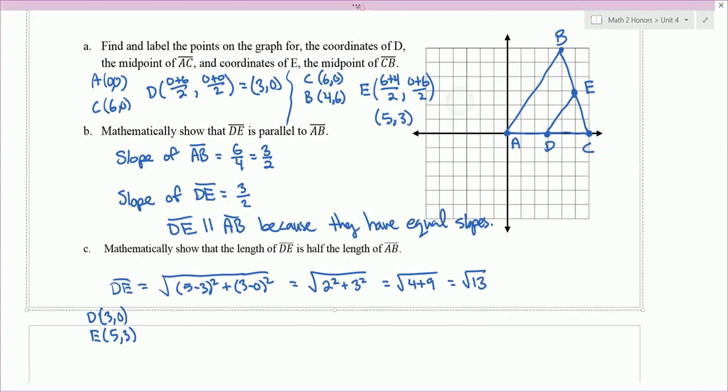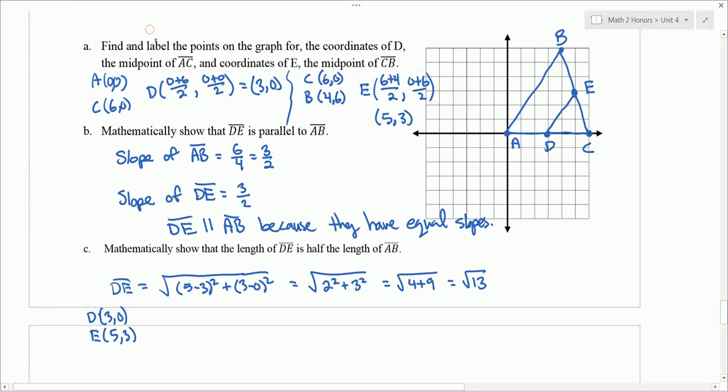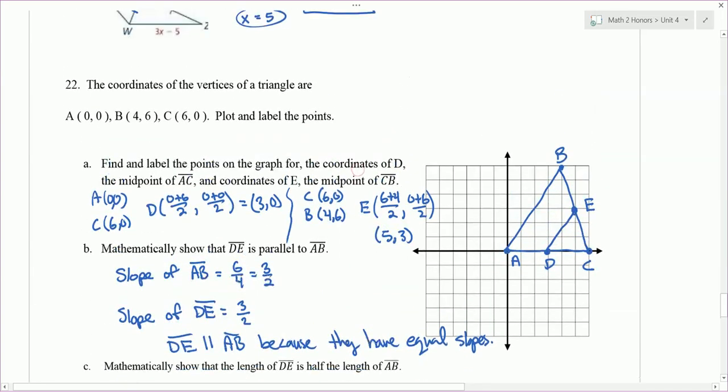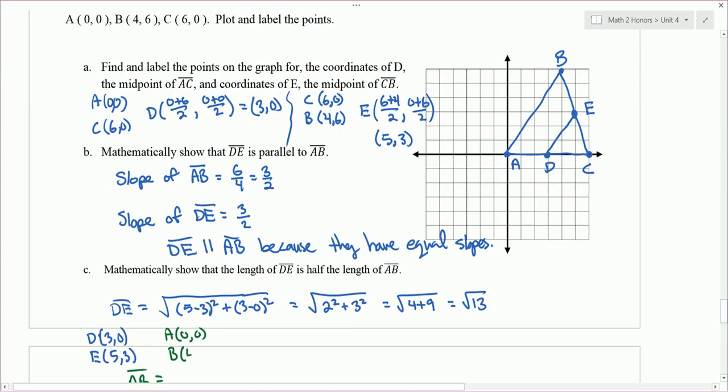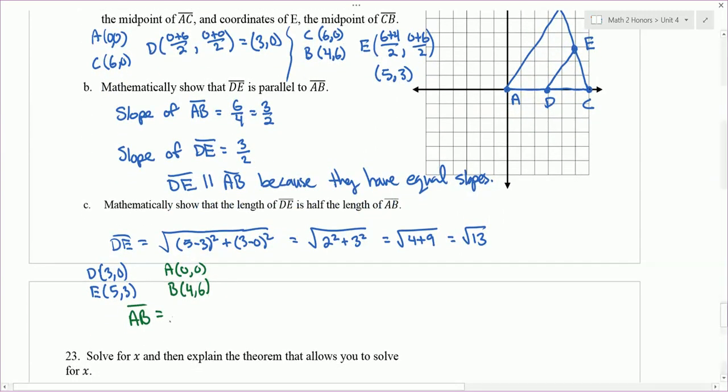For the other length, AB, point A is (0, 0), point B is (4, 6). So plug those into the distance formula.